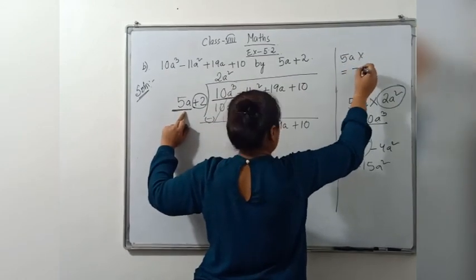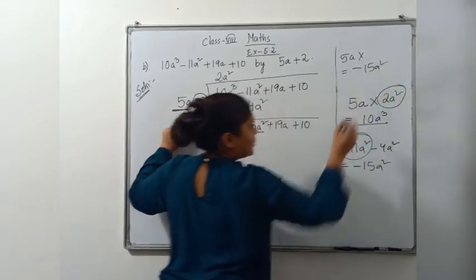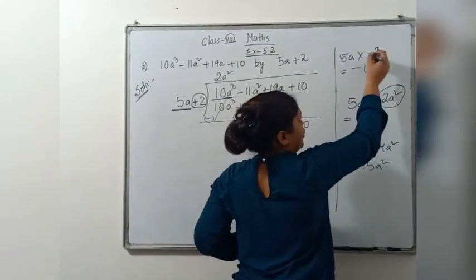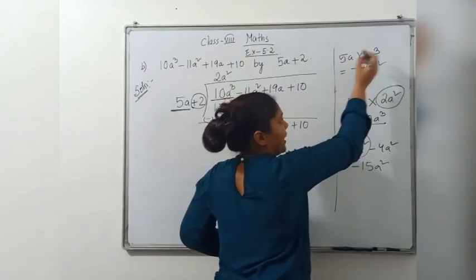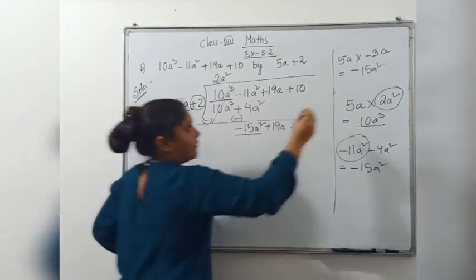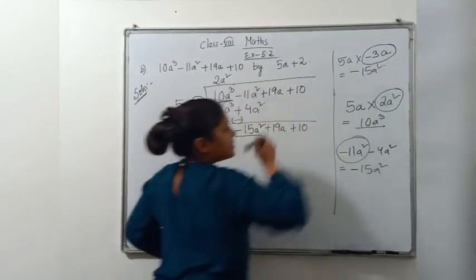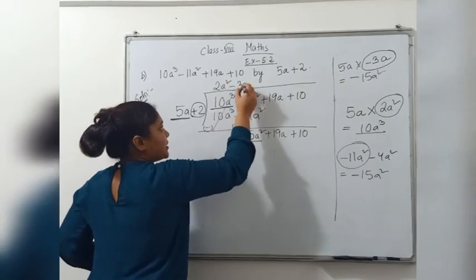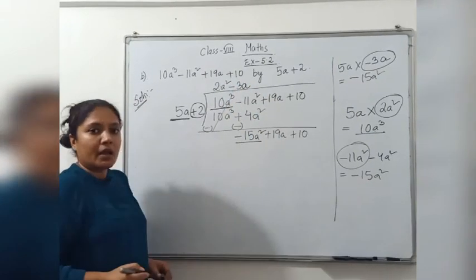What number do we want so that the answer becomes 15a square? If I do 5 into minus 3, I will get minus 15. I have 1a, so I have to add one more a. That means I have to multiply the number by minus 3a. So I am going to write here minus 3a. Clear students?